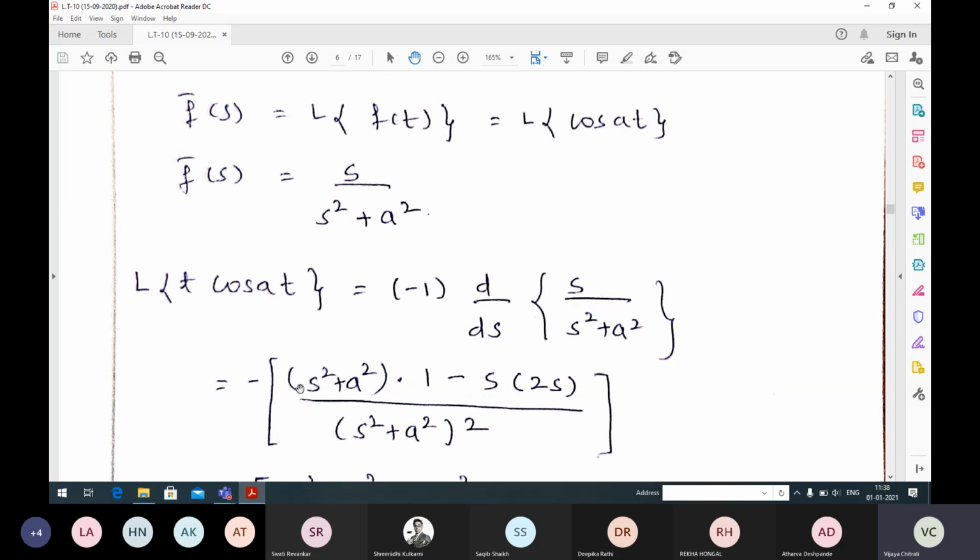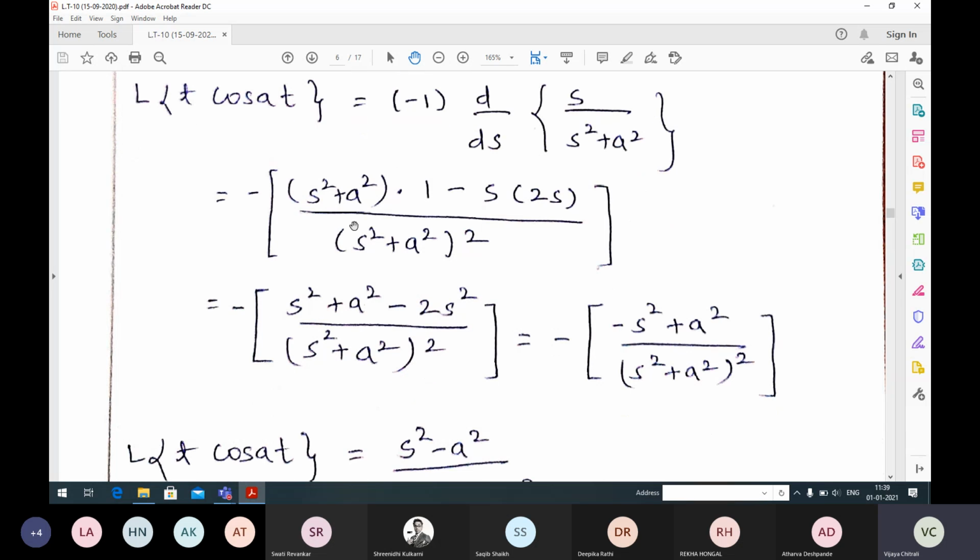In the numerator, the denominator s square plus a square is as it is, and differentiating s with respect to s gives 1, minus the numerator as it is, times the derivative of the denominator s square plus a square with respect to s. Here a is a constant, so 0, and the differentiation of s square is 2s. Now simplification, right?